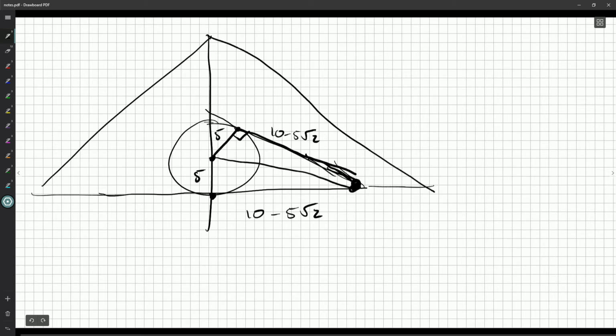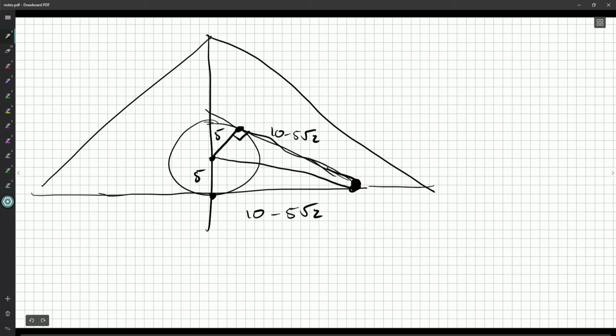I thought I had something there for a moment. So I think that should definitely be true. The distance from the tangent.